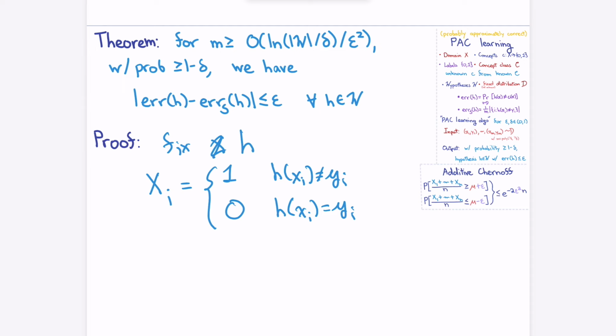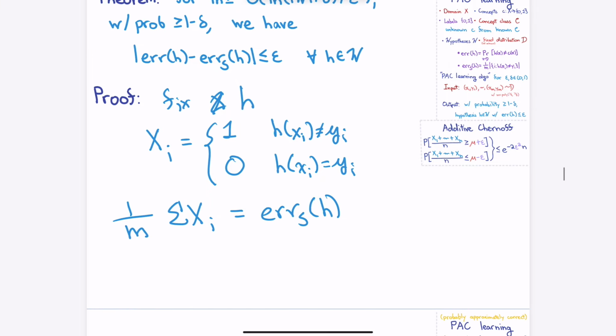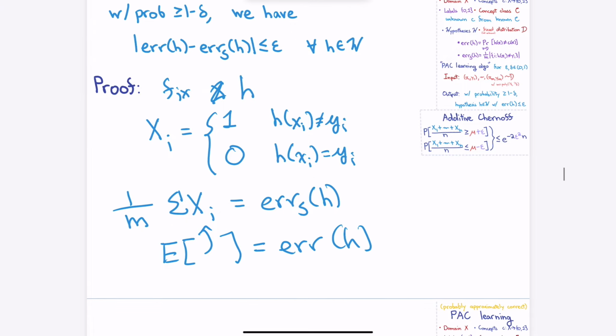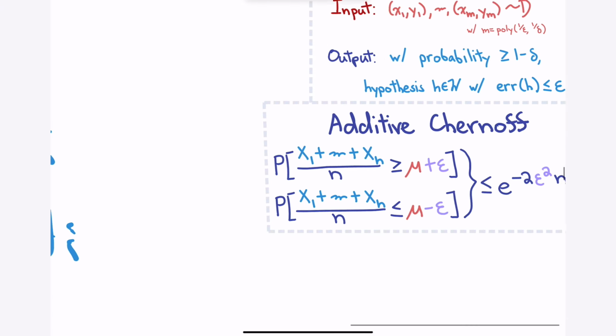Now when you look at 1 over m times the sum over the x_i's, this equals the error of the sample. Meanwhile, the expected value of this thing is the true error. And now you're just plugging into this thing here.